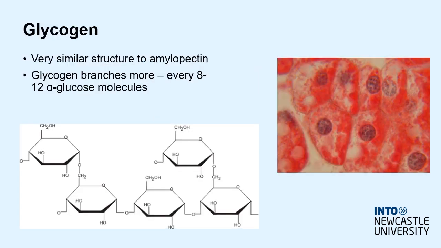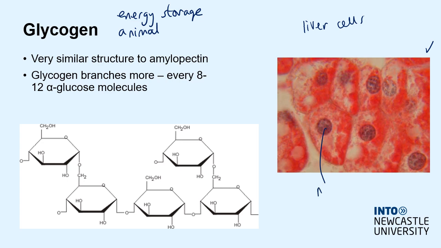Glycogen is again for energy storage, and it is energy storage in animal cells. So we will have it in our cells. What you've got in this image over to the right is some liver cells from an animal. You've got the nucleus, where the DNA is kept, and all the pink material is glycogen.